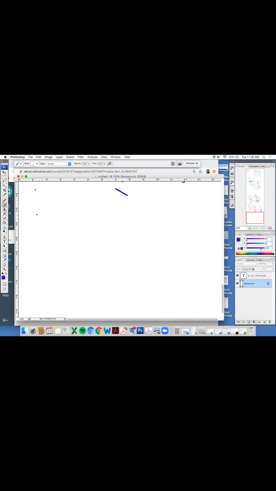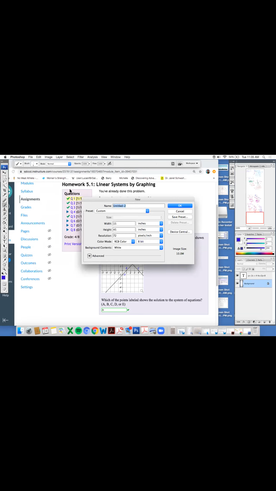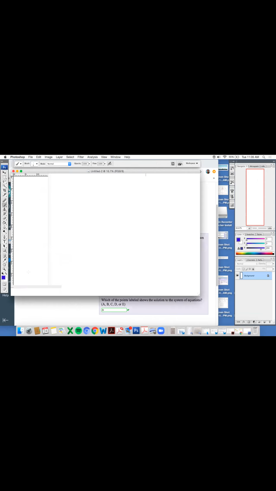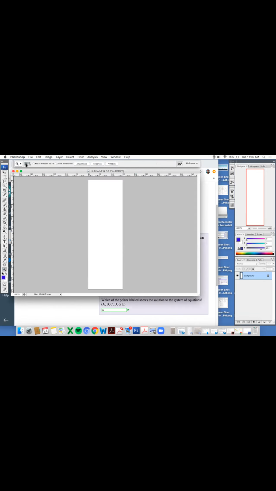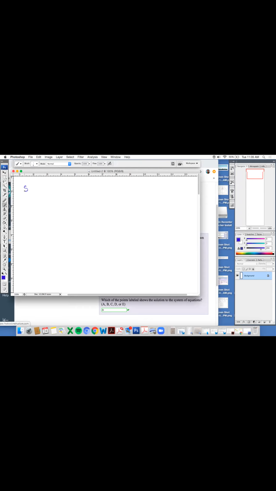Come on. Okay, let's see if I can work with this. There you go. Solve by substitution. All right, so this is part of section 5.2, the next section in this chapter.